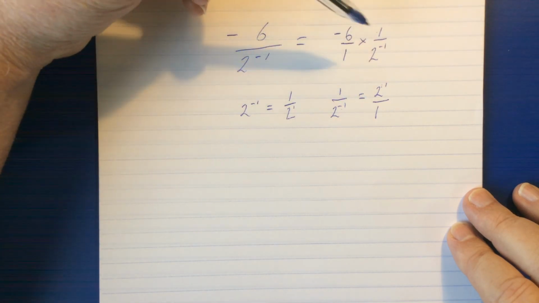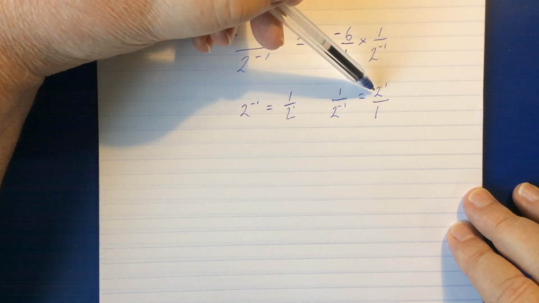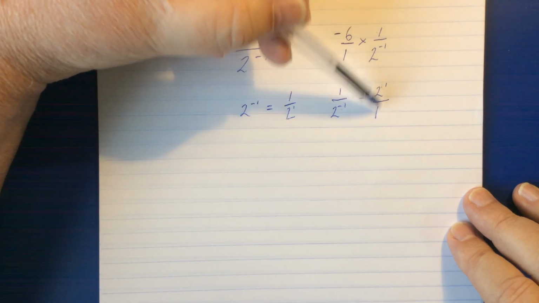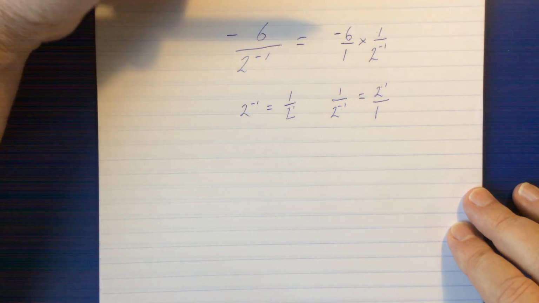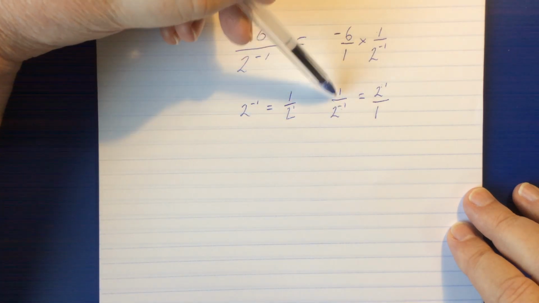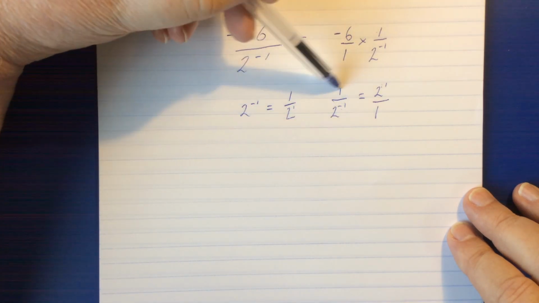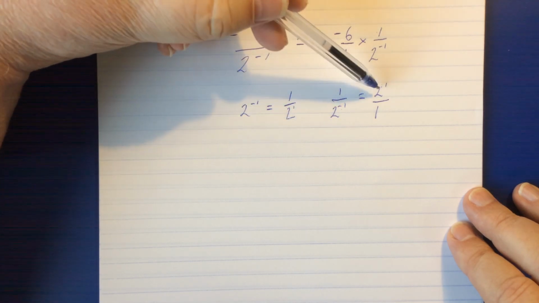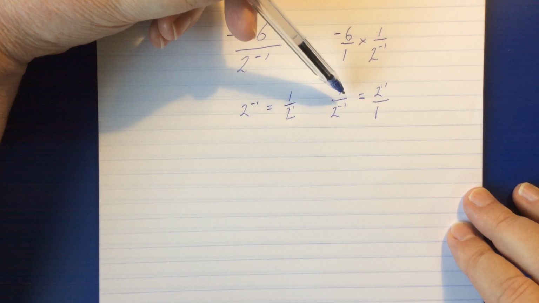Now, again, some of you will be really familiar with this, others may not. The fact that it's over 1 makes no real difference because anything divided by 1 is itself. So effectively, what you do with this is you invert this fraction here and you remove the negative sign.